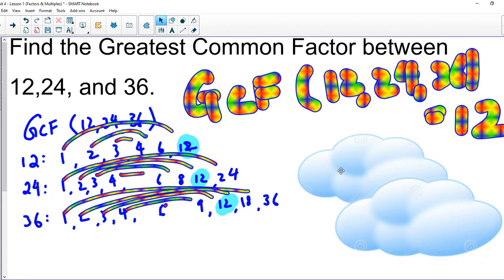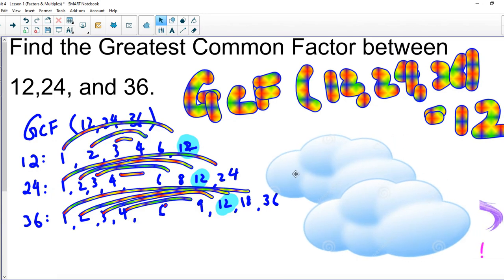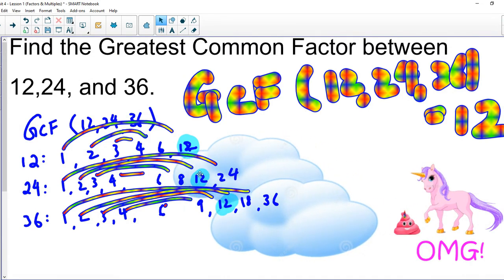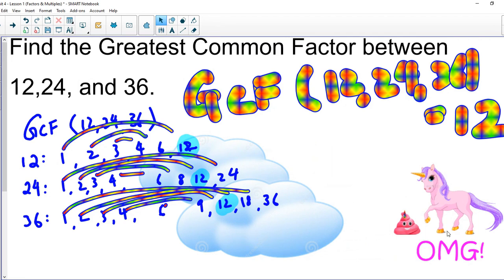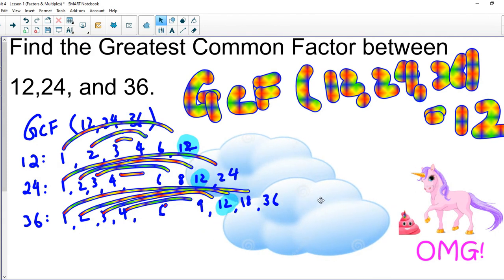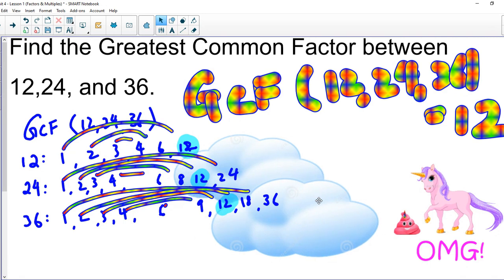So on 3, we're all gonna move the cloud to the left, okay? 1, 2, 3, very slowly. Oh my God, look at this. We have a unicorn. I guess that's what unicorn poop looks like. Wow, I can't believe it. Must be all the rainbows that we did in class today. That's amazing. Wow, I've never seen a unicorn before.